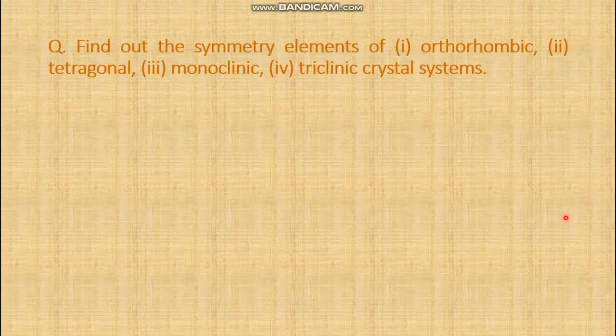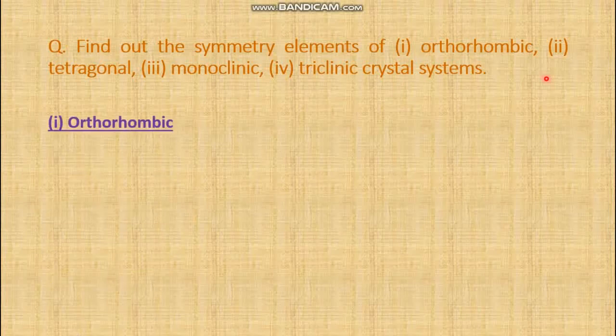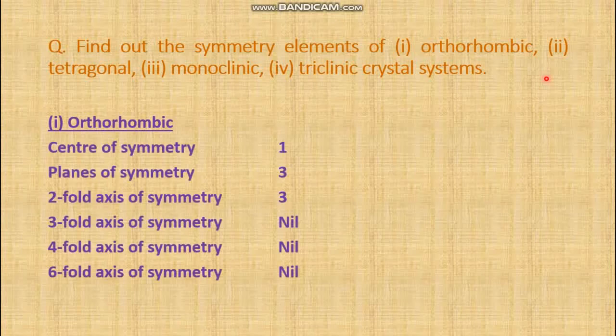Okay, and here is the question regarding this. Find out the symmetry elements of orthorhombic, tetragonal, monoclinic and triclinic crystal systems. Okay, so let's begin with number 1, which is orthorhombic. So here is the description. You will try to find it. Try to imagine also. Center of symmetry, definitely it is common. Planes of symmetry, there are 3 planes of symmetry.